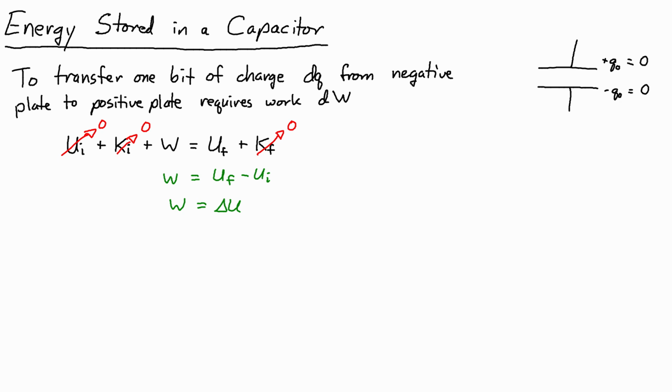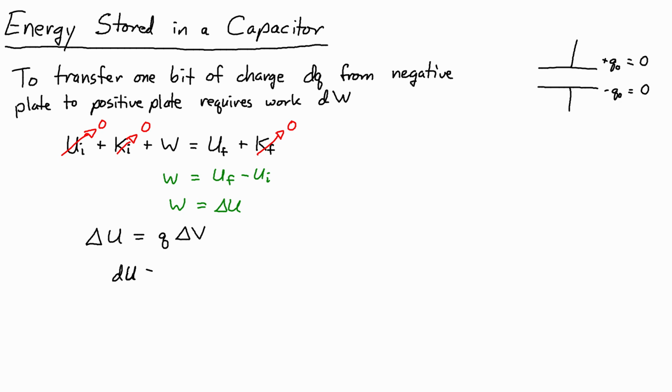Anyway, you probably remember from chapter 4 that the change in potential energy is equal to Q times delta V. That's for a charge Q moving from an initial position to a final position with different potentials. There's an associated change in potential energy. Now, when I'm charging the capacitor, I don't want to talk about one big charge Q, but about delta Q or dQ, a tiny, tiny bit of charge.